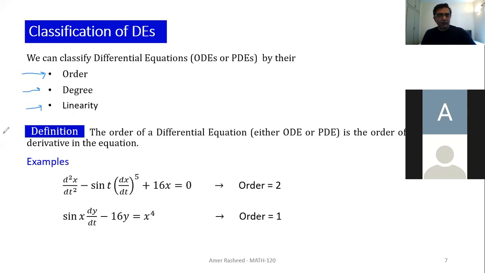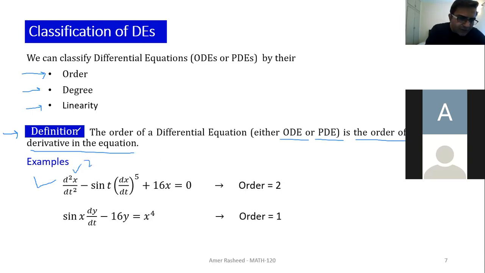Now, what is the order of a differential equation? The order of a differential equation, whether it is an ODE or a PDE, is the order of the highest derivative in that equation. For example, in this equation, the order of this derivative is 2, and the order of this derivative is 1, because the order of the derivative is what matters, not the power or degree.